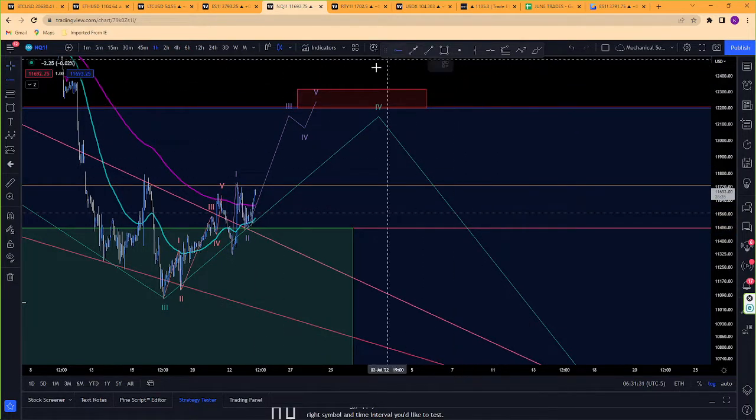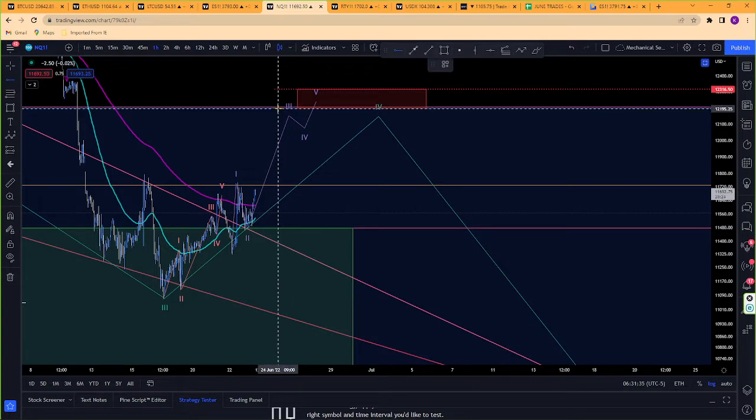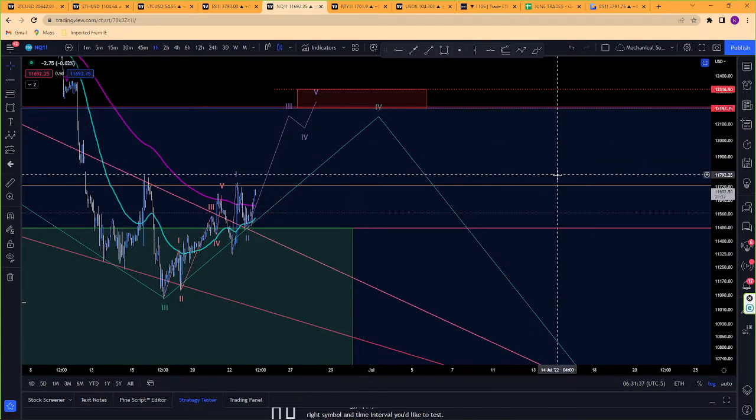Nice tight box. Again, I'm not as confident in this one. I mean, the ES and the Russell are really highly confident for me.